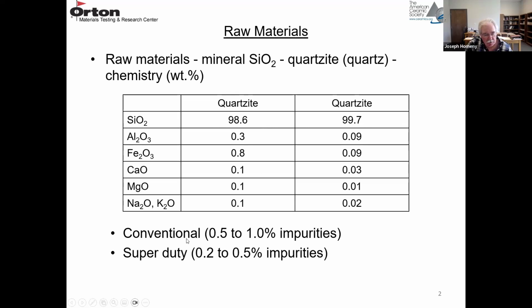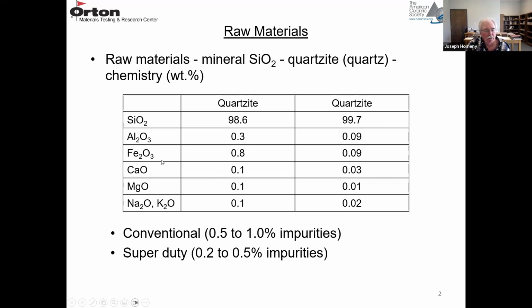A conventional silica refractory has up to 1% impurities. And then a super duty, which would be a higher temperature refractory, is usually going to have less than 0.5% impurities. So this would be a super duty silica refractory, and this one would be a conventional refractory.